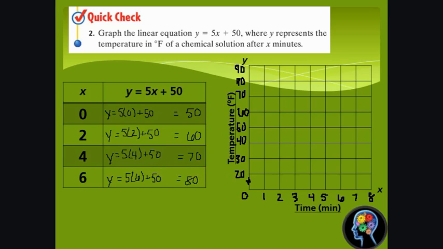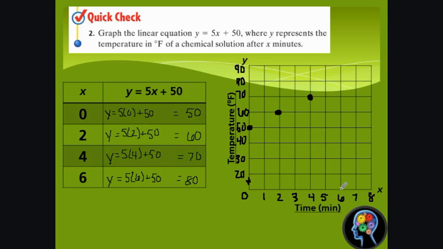Now we need to graph our points. We're graphing our linear equation. So we have x is equal to 0 and our y coordinate is 50. So we're going to go ahead and plot that first point. Then we have 2 and our y coordinate of 60. Our x coordinate of 4 and our y coordinate of 70.